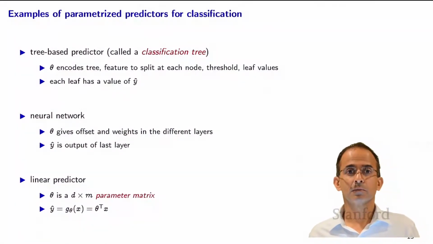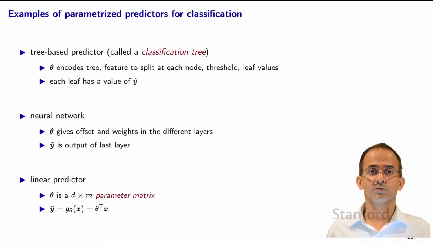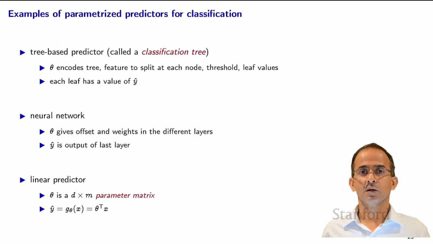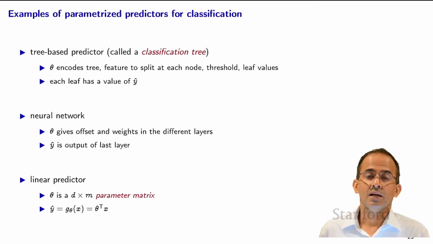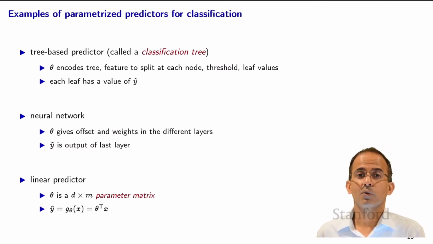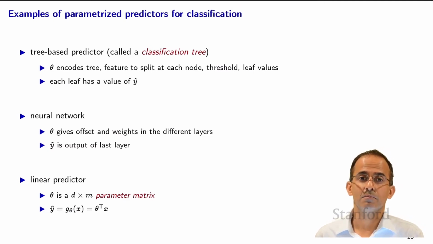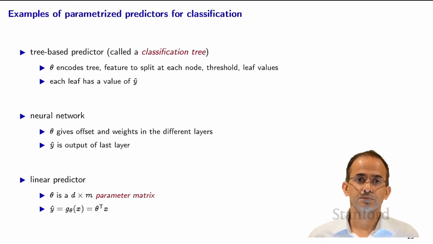When we're doing parameterized predictors for classification, we might use a tree-based predictor. It's very commonly used and is called a classification tree. Theta encodes the tree, telling us when to split at each node, the thresholds, and the leaf values. Each leaf has a corresponding value of y hat, and that leads immediately to a corresponding target because we can un-embed the y hat to the v hat.